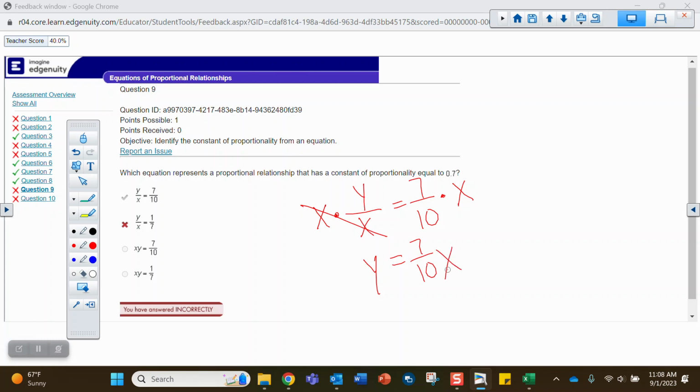The one you selected, if I multiply both sides by x, I would get y equals 1/7 x. 1/7 is not 0.7. Right? In a calculator, if you do 1 divided by 7, you get like 0.1428, something like that. If you do 7 divided by 10, that's 0.7.